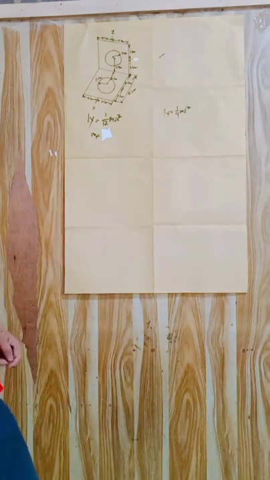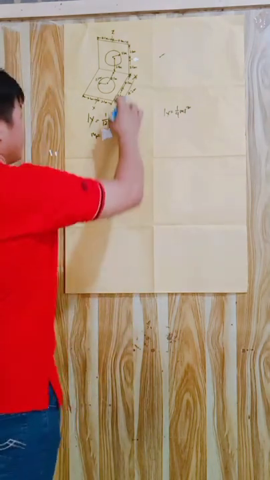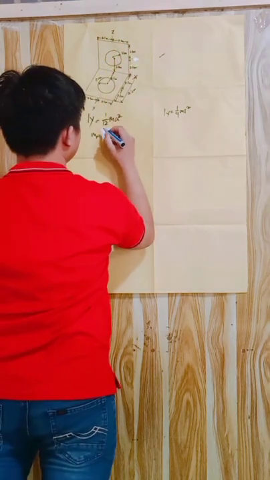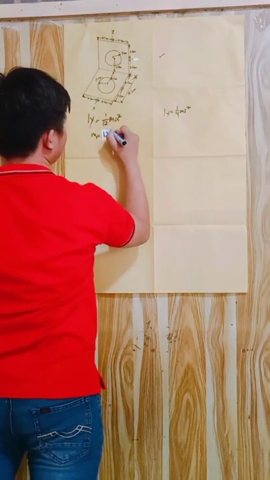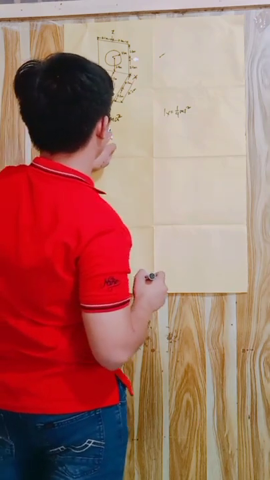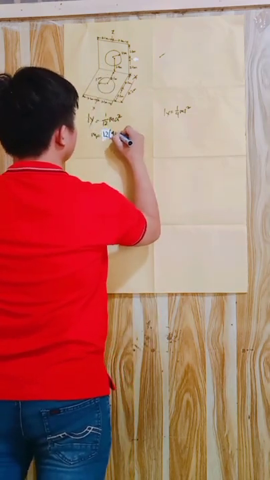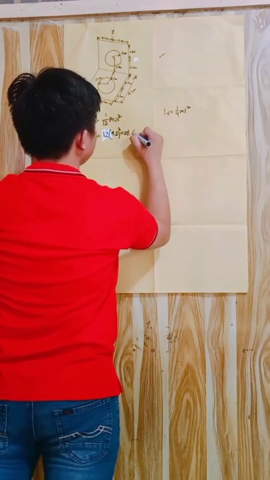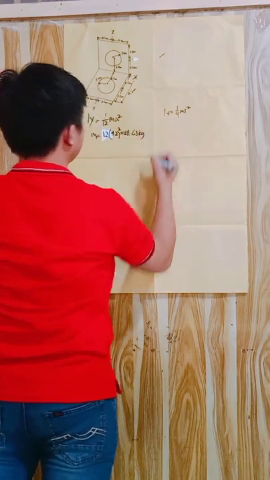So let's start by finding the mass of this, excluding that. 12 kilogram times 4.2 squared is equal to 211.68 kilogram. This is the mass 1.